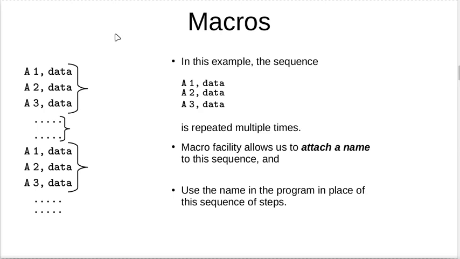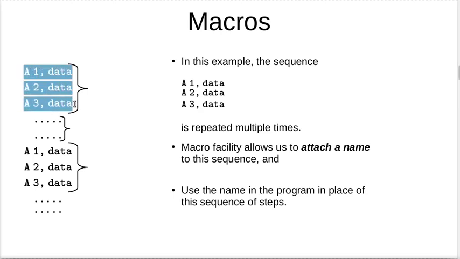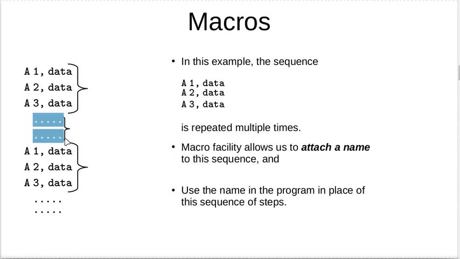Taking help of the example from the previous lecture, here is the example again. There is a sequence of instructions, A1 data, A2 data, A3 data. This sequence is followed by a set of one-time instructions, which are here only once.